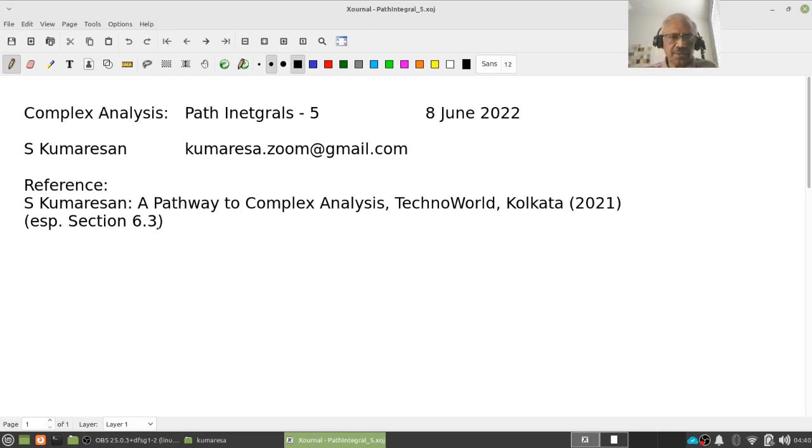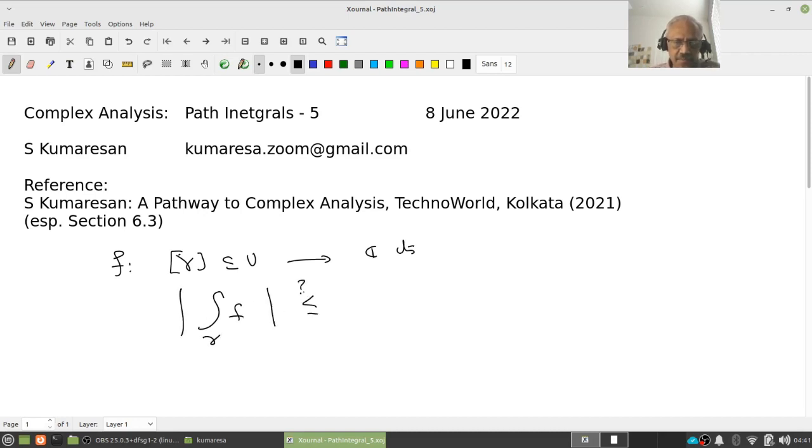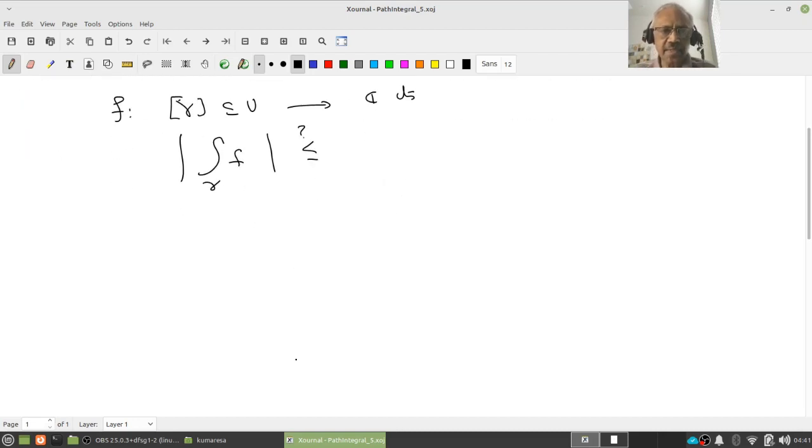So, the question is the following. Suppose f from gamma containing u to C is continuous, and we are defining the integral of f over gamma. I want to know whether I can estimate this. There is an estimate, right?